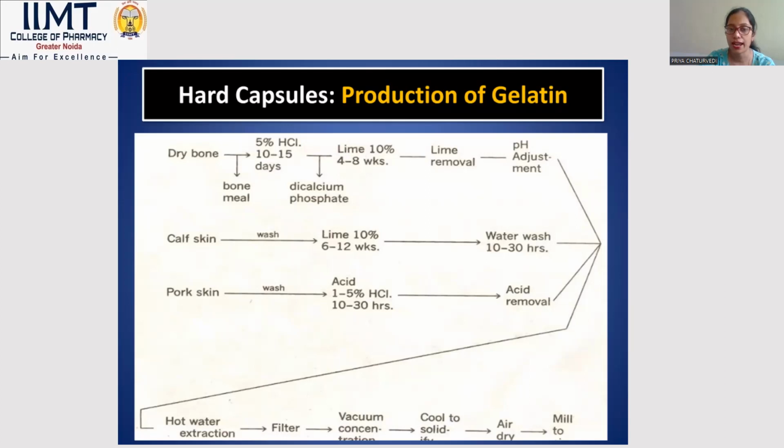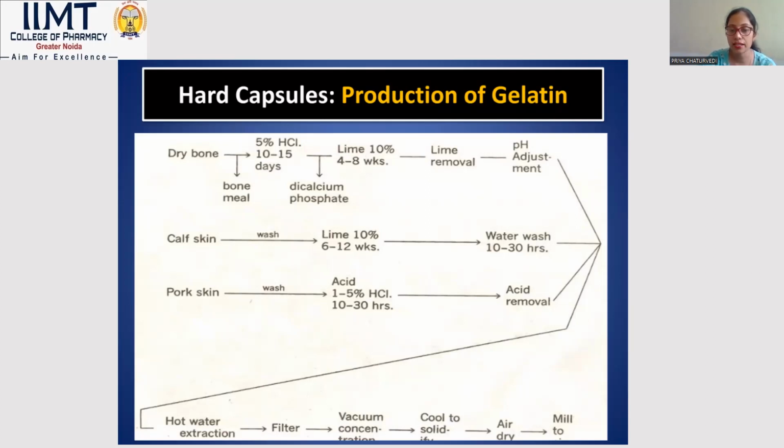Now, from calf skin, the calf skin is washed and then it is treated with lime 10% for 6 to 12 weeks. And then it is washed for 10 to 30 hours, and then further, the same hot water extraction, filtration, vacuum concentration, cooled to solidify, air dried, and then it is milled.